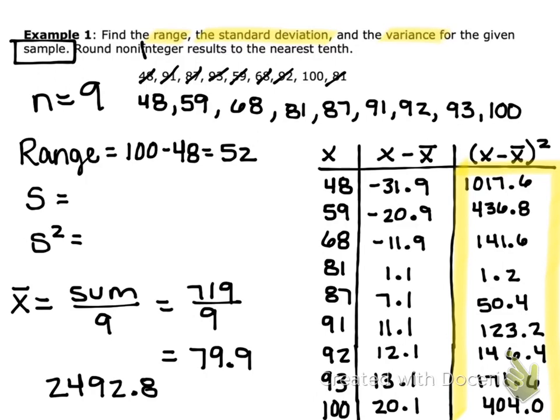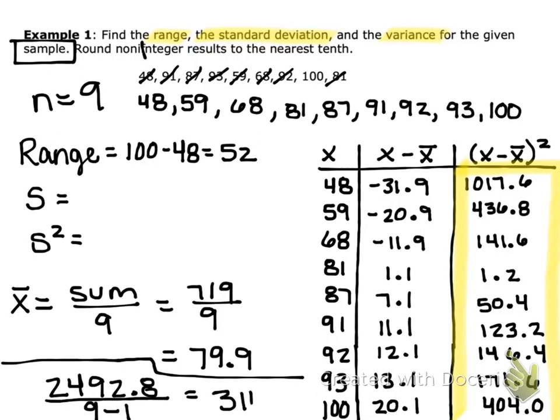Okay. We are then dividing this by n minus 1. So 9 minus 1. So this is like a separate box from that. So we're going to take that and divide by 8. And we get 311.6.